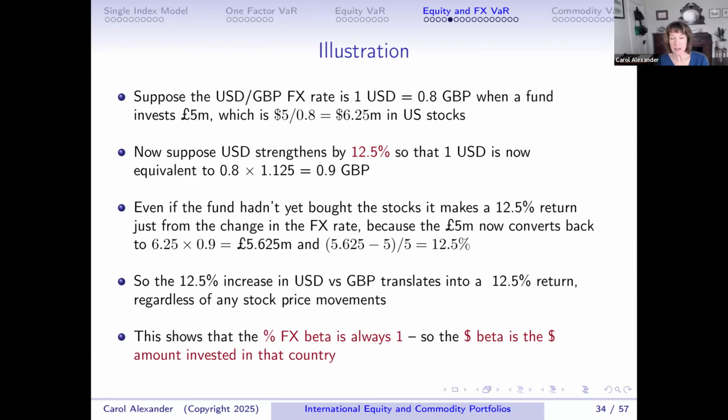Or if it weakens, then the fund would lose money if the US dollar weakened, and it would be matched 1 for 1. In other words, the percentage FX beta is always 1. And the dollar beta is the dollar amount invested in that country. In this case, we're looking at pounds, but whenever I use dollars, it is as a ubiquitous term for the nominal.